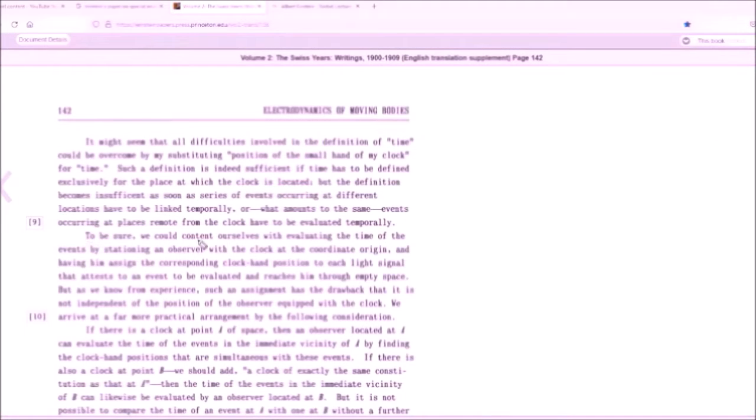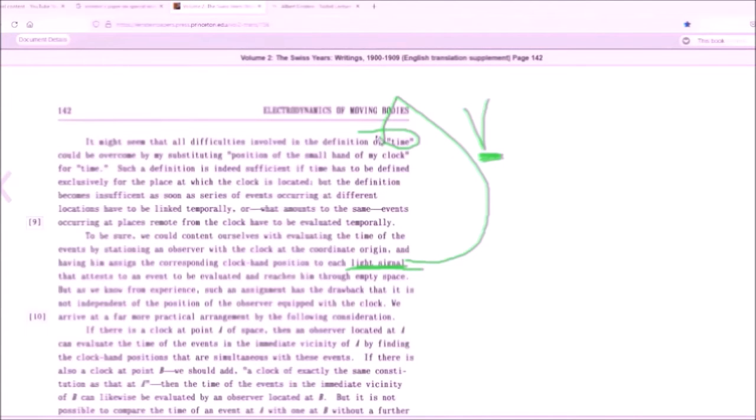To be sure, we could content ourselves with evaluating the time of the events by stationing an observer with a clock at the coordinate origin and having him assign the corresponding clock handle to each light signal. The light signal is what he is going to use, looking from one clock to the other, to connect the light to the time. In other words, he wants to make the time relative to the V, the capital V he used as the speed of light.